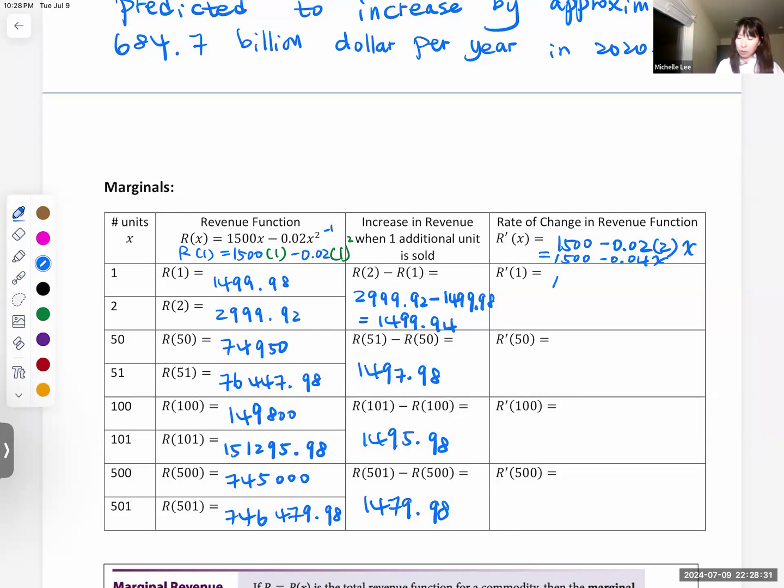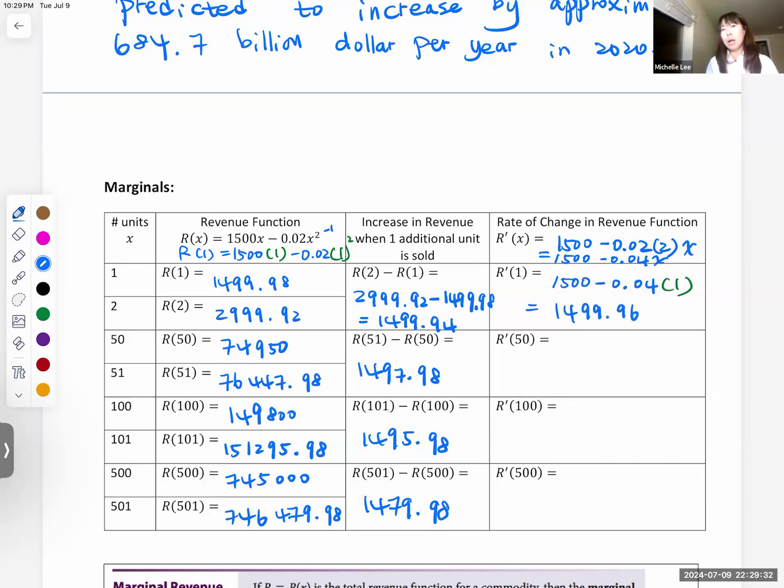Okay, R prime of 1, right? So 1500 minus 0.04 times 1, we get 1499.96.